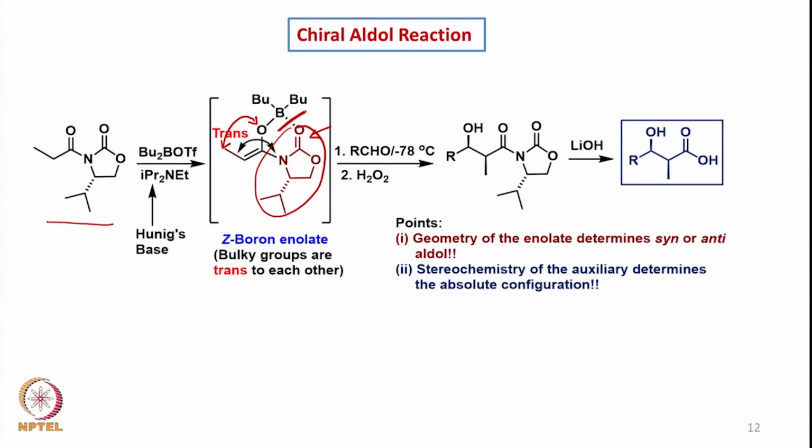Something that we already know is that the geometry of the enolate determines whether syn or anti aldol is going to form. As we have seen, the Z enolate will give the syn-aldol and the E enolate will give the anti-aldol, and the absolute configuration of the auxiliary would also determine the absolute configuration of the aldol products.